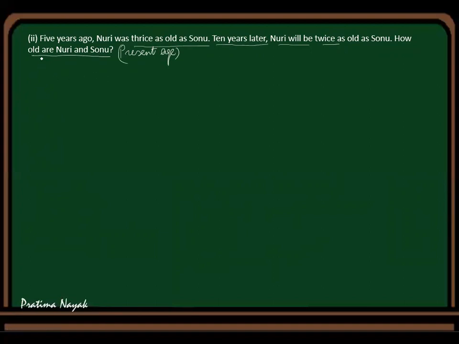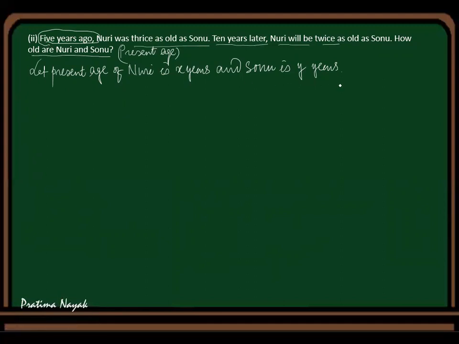So we will take, let the present age of Nuri be x years and Sonu be y years. Then we'll go for 5 years ago, before 5 years. Suppose you are 15 years old now, so before 5 years, you would be 10 years, that means 5 will be subtracted.